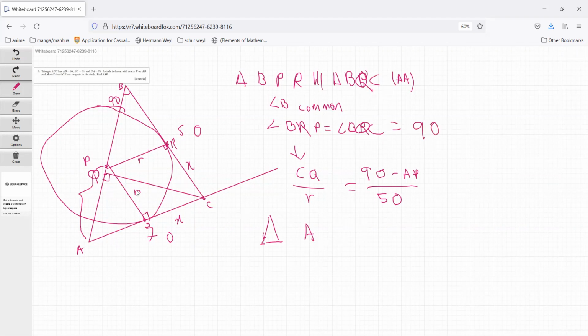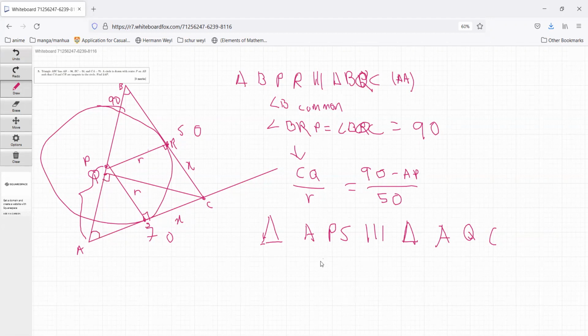Okay, so now we look at the triangles APS and triangle AQC. It's also going to be equiangular, so angle A is common.